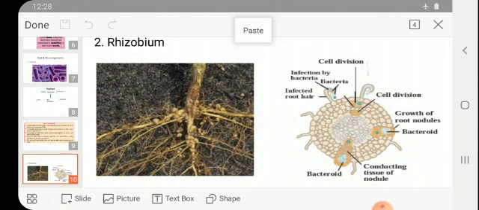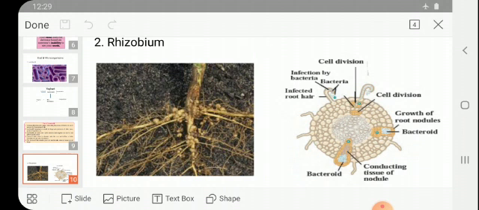You know the root nodules means on the roots. If you are able to see the picture, on the root part you are able to see some rod shaped or rounded structures that are called nodules. So these Rhizobium type of bacteria remain there.